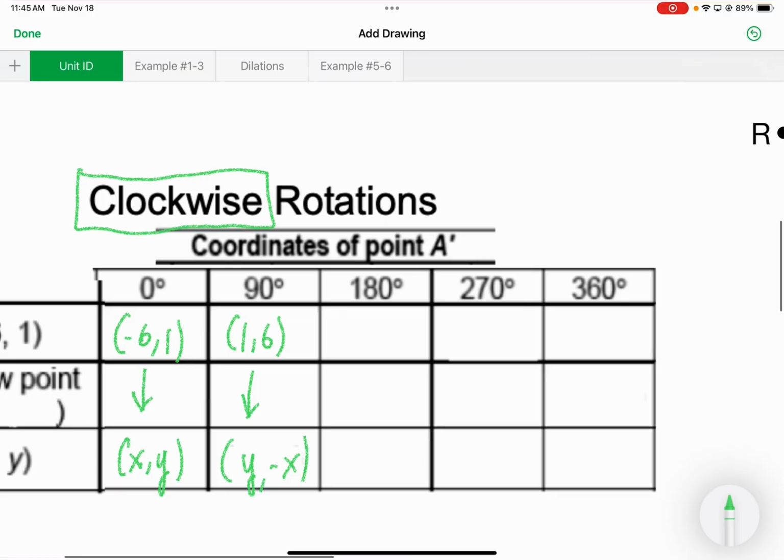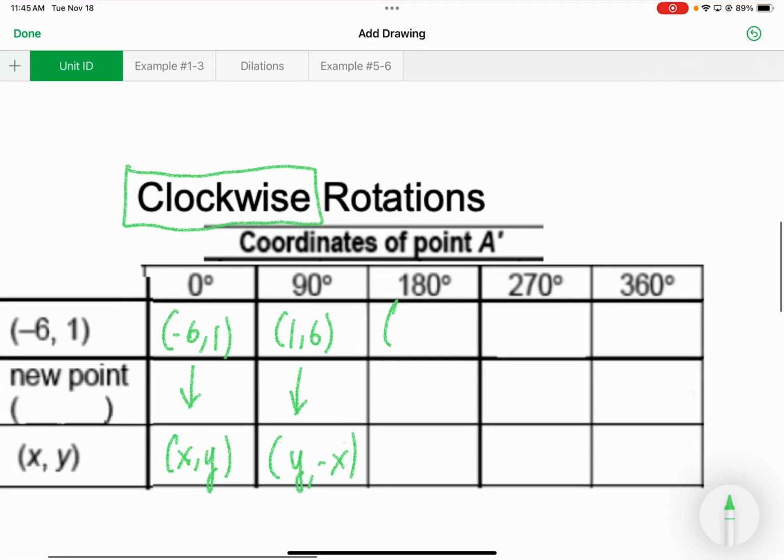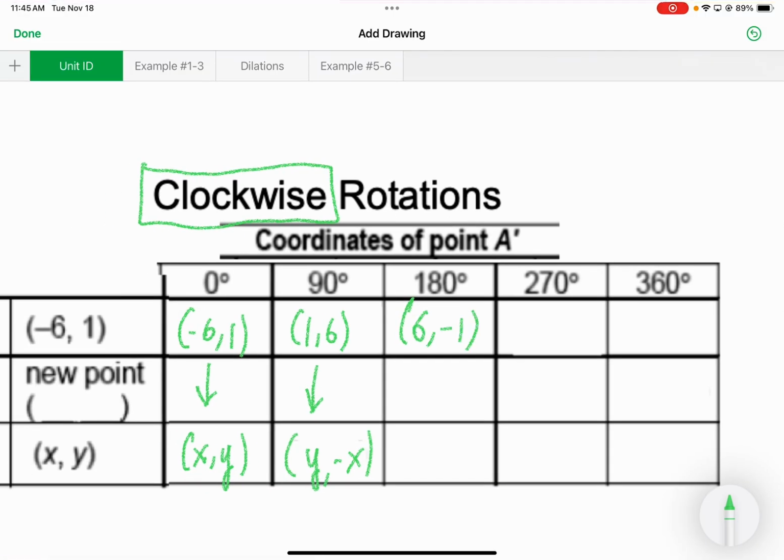Both x and y are going to change sign. So 180 degrees would be 6, -1, and then my point becomes -x, -y. Okay, sorry. And that brings up a good point. It's not about the sign itself, but it's about did it change sign? And if it did, then a negative needs to go there.